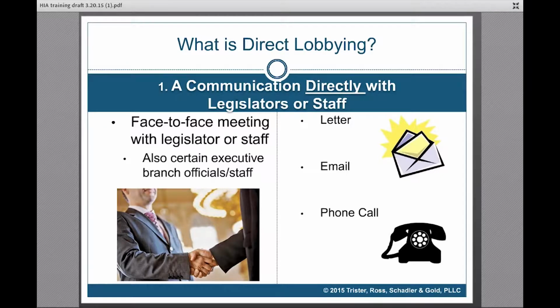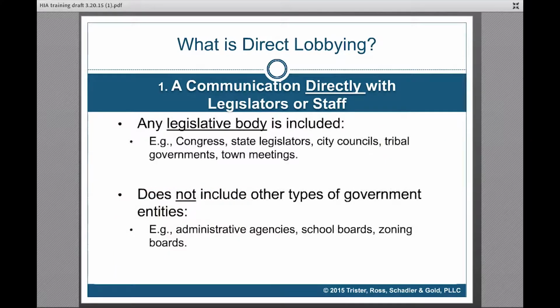So just to recap, it's a communication directly with the legislator or staff member on specific legislation, and the communication has to reflect a view on the legislation in order to be direct lobbying. Now, it's very rare that a communication to a legislator is going to hide the organization's viewpoint.